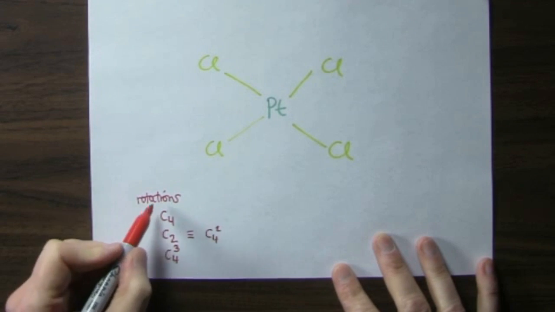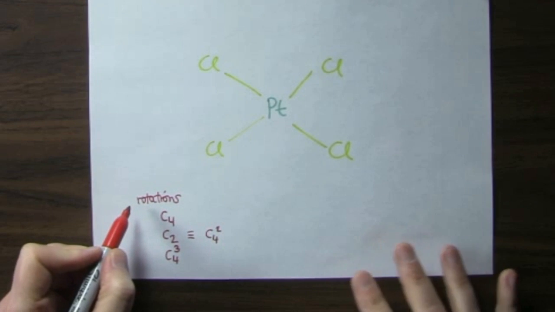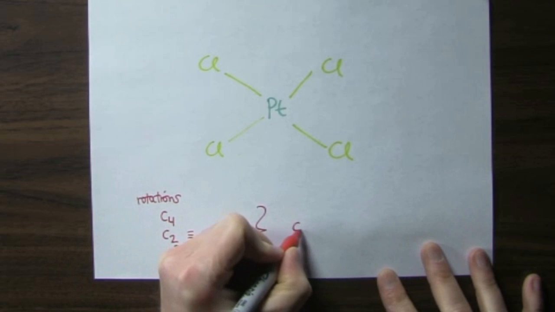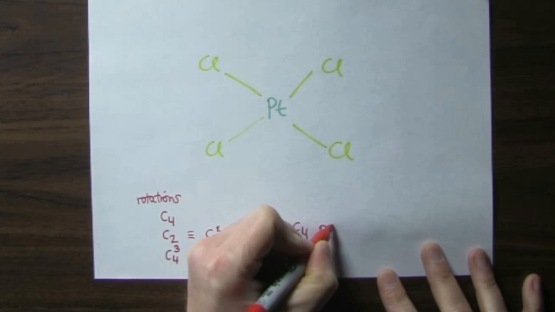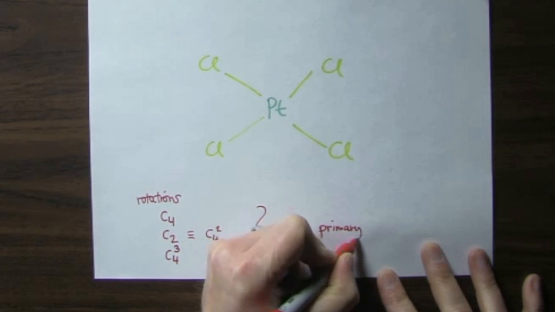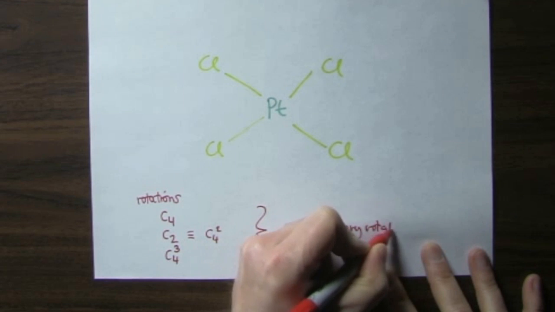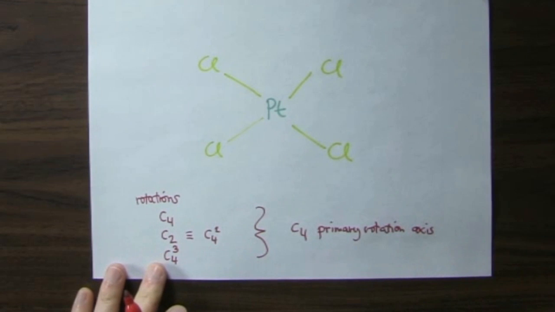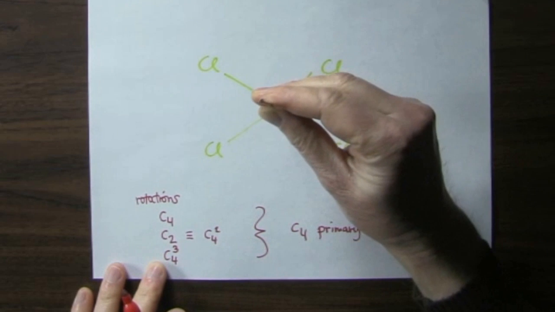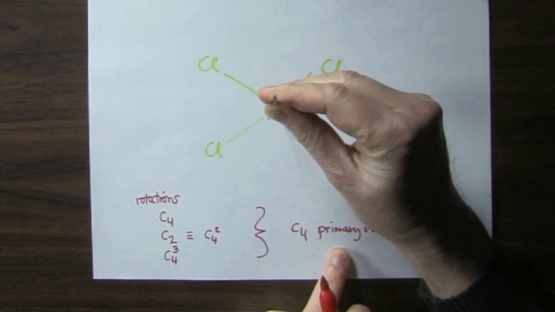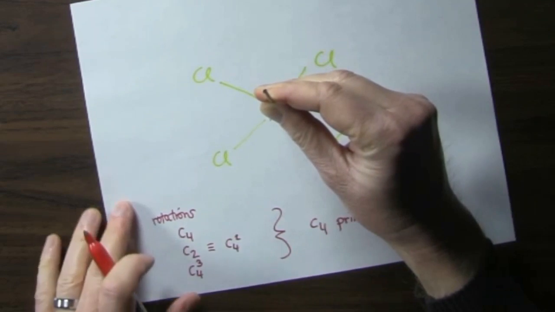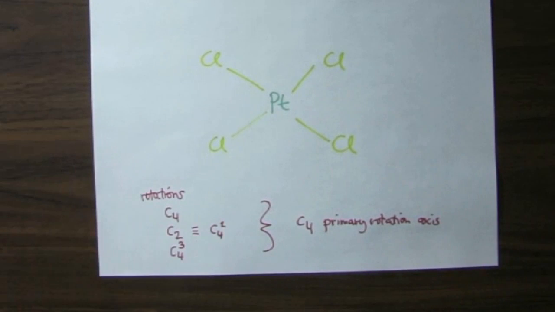So all of these operations take place about the C4 primary rotation axis right here. So we have one element, the axis, multiple operations, but you can see they're all the same type of operation. They're all multiples of the C4 operation.